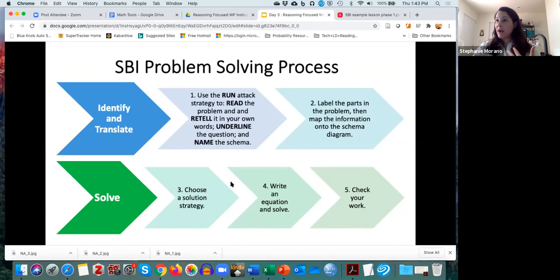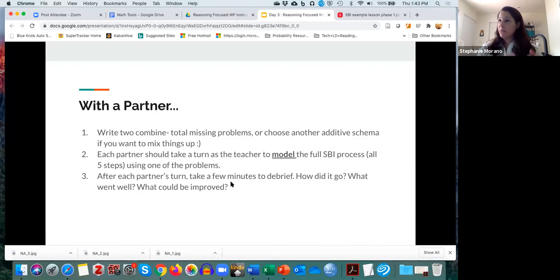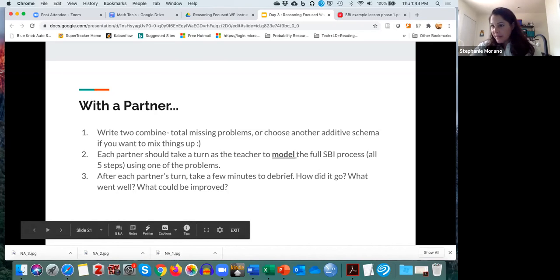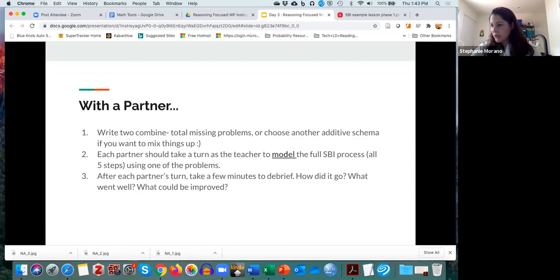So again, you're working through the whole process for problems that you write yourself. You can keep working with the combined total missing problems, or you can choose any of the other additive schemas that you'd like to play around with a little bit. So, okay, before we go, I see Gaynell wrote, sometimes students are also being challenged to solve word problems that are not only multi-step, they may include fractions, decimals, etc. Yeah, problems that involve fractions and decimals can also fall into these additive schemas, right?